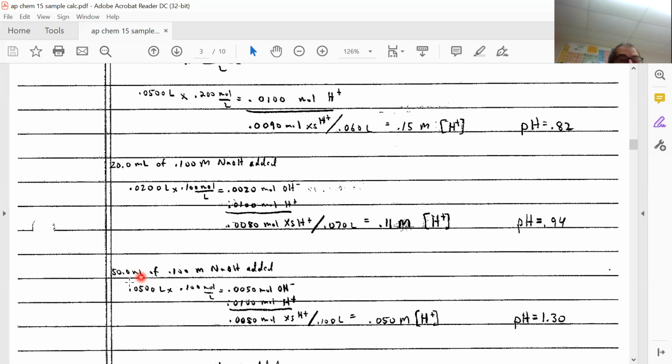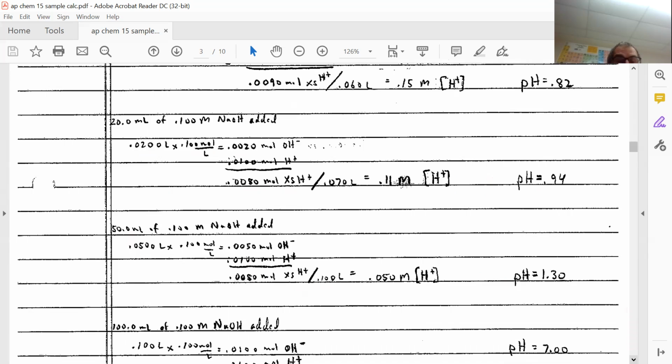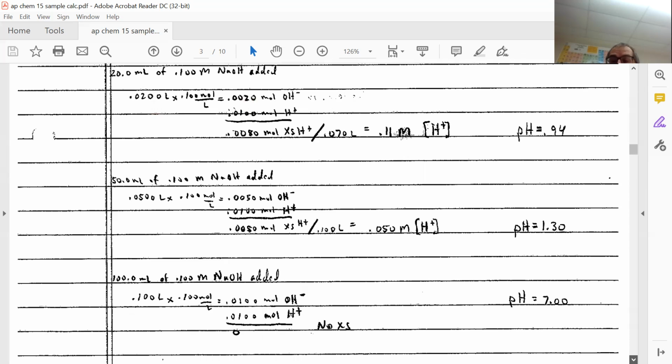Let's say I add 50 milliliters: 0.005 divided by 0.1, I get 1.30, still not affecting the pH much. Let's say I get to 100 milliliters added. Now I have equal moles of H plus and OH minus, so that is our equivalence point, where moles of acid equals moles of base, which is a pH of 7.00.